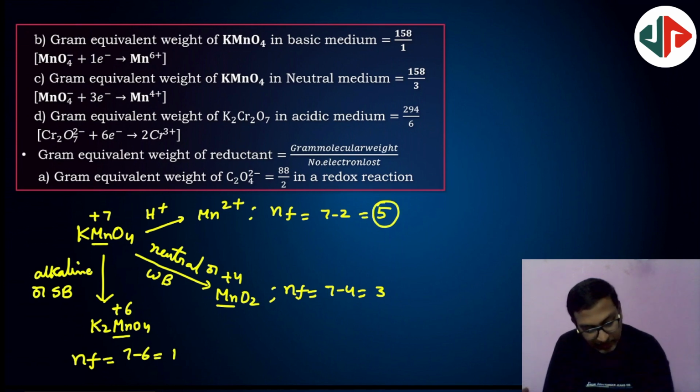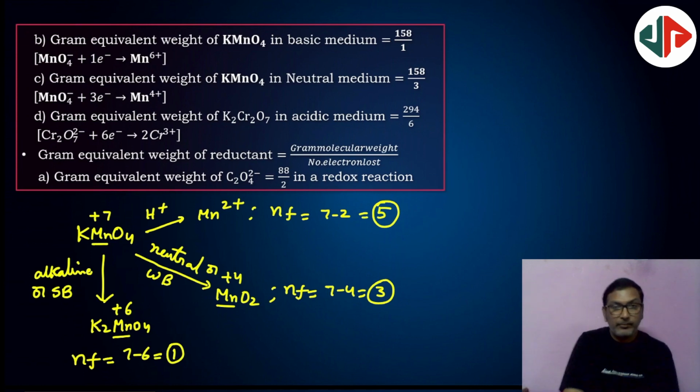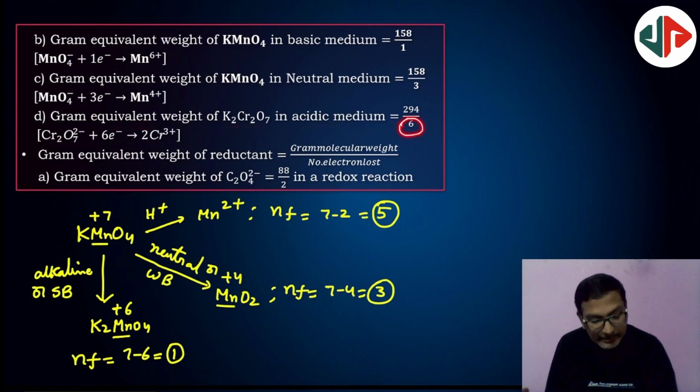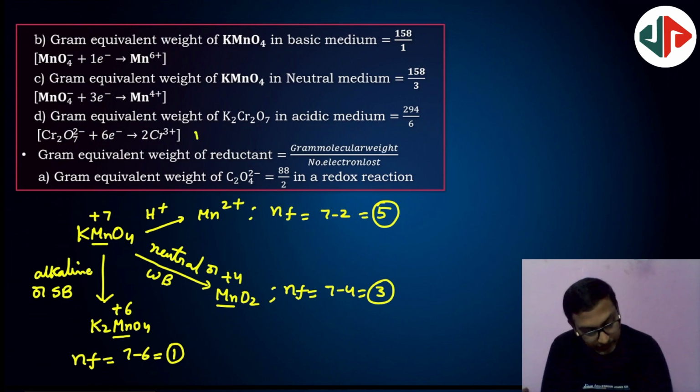So remember these n factors. Very important. Next, in case of dichromate, always 6. But KMnO4 n factor depends on medium. For dichromate or chromate ions, always 6 n factor.